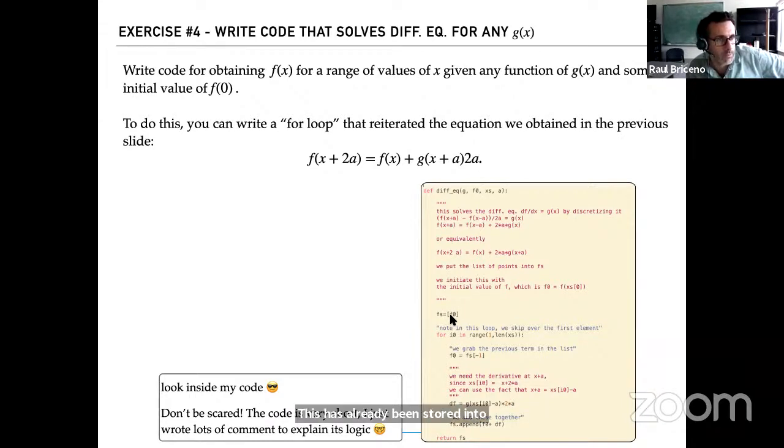But the symbol, the local variable f0, has been overridden. And so f0 now has taken on a different meaning. The first component of fs is just some number that's been stored, but I've overridden the meaning of f0. Does that make sense now, Anonymous? So I'm overriding the definition of f0 here. Hopefully that makes sense.